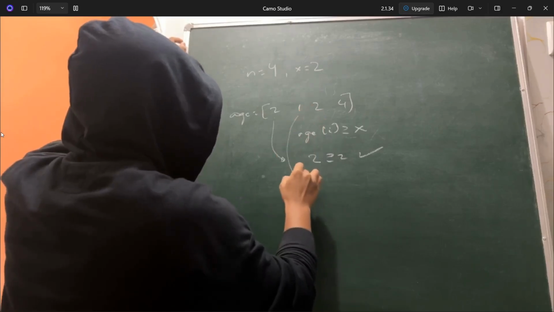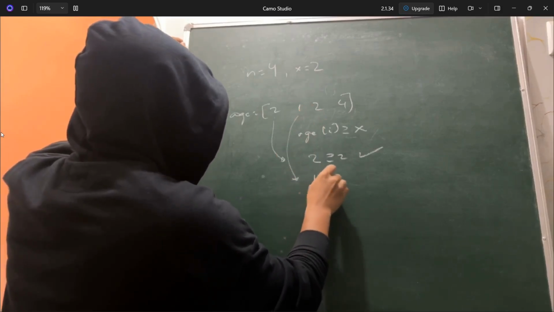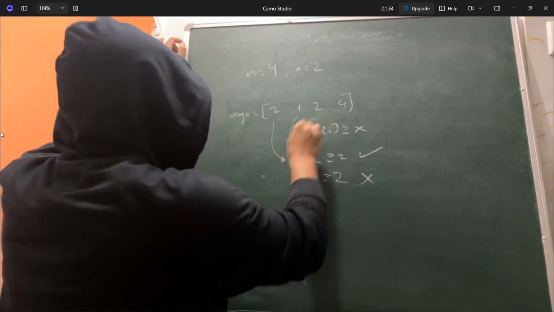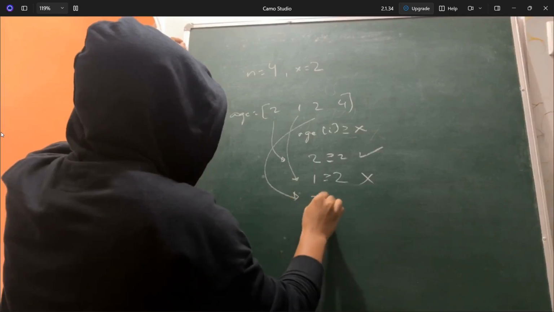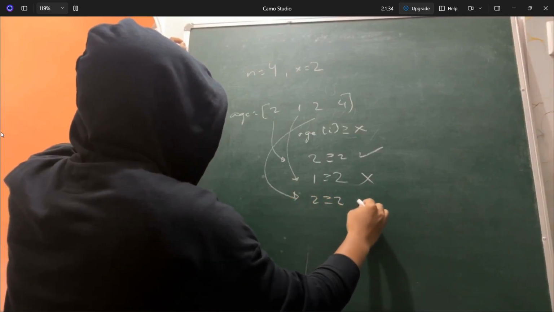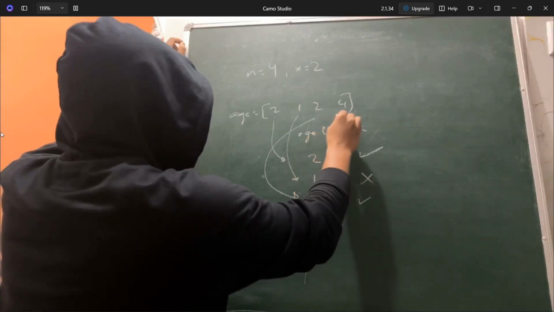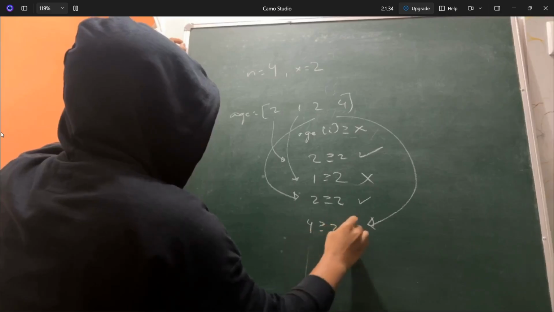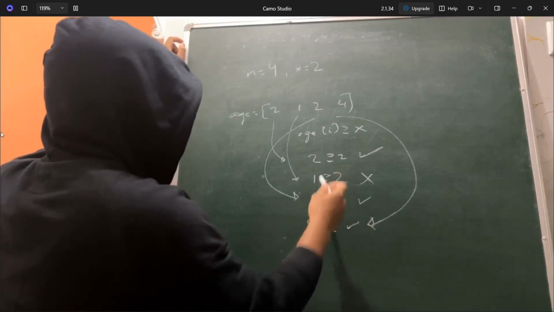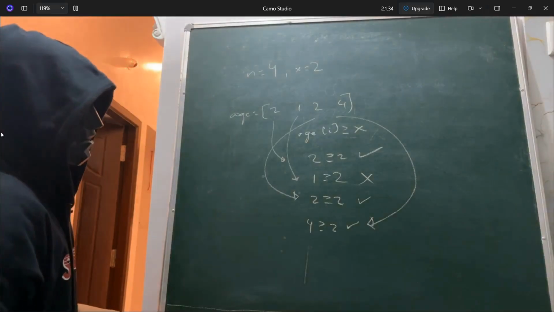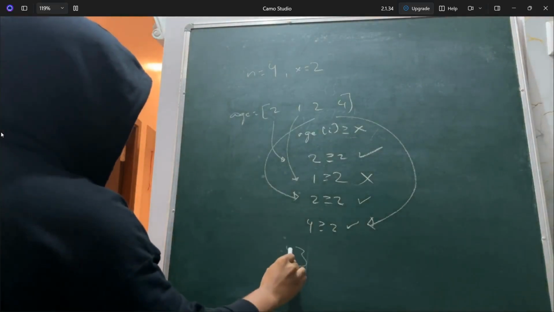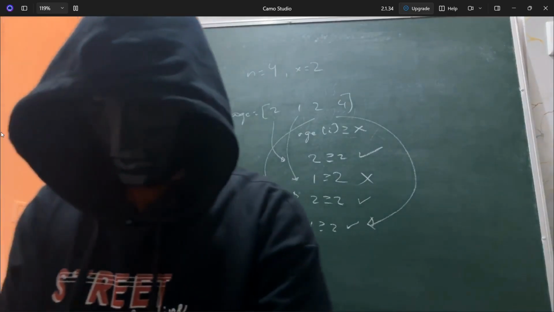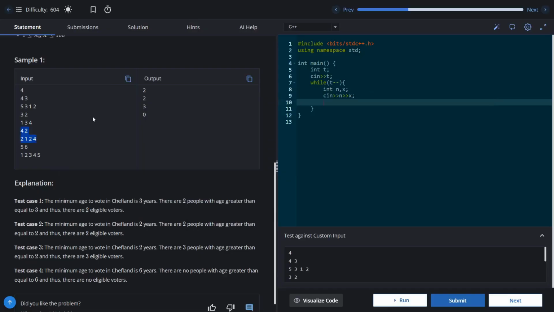The second person's age is 1, which is false, so he will not be able to vote. The third person, 2 greater than or equal to 2, is able to vote. The fourth person, 4 greater than or equal to 2, is also able to vote. So there are 3 people who satisfy the condition, and in this case our answer is 3.